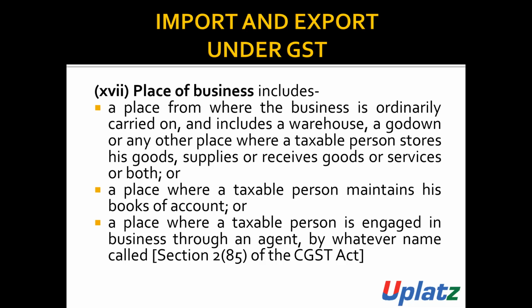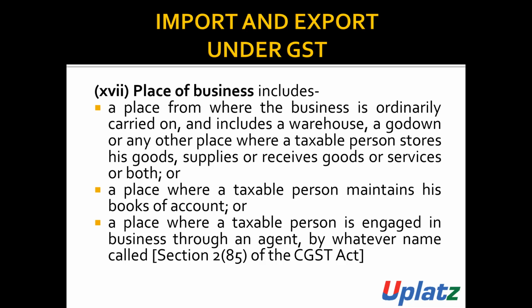Place of business includes a place from where business is ordinarily carried out. It also includes a warehouse and a godown. It also includes those places where the goods are stored, and where goods or services or both are supplied or received. Number two, it also includes the place where the books of accounts are maintained by the taxable person.